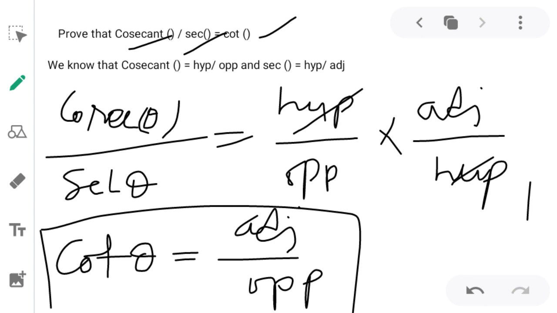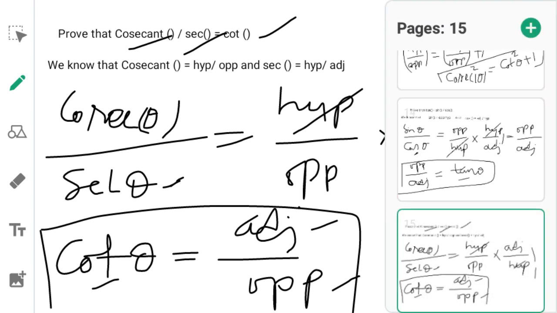Secant theta means the ratio is hypotenuse by adjacent, but as the secant theta is in the denominator, I have taken adjacent in the numerator, hypotenuse in the denominator. That means I have taken the reciprocal. Hypotenuse cancels one times and the remaining is adjacent by opposite. Adjacent by opposite is the ratio of cot theta. So in this way we can prove the different relations between trigonometrical ratios.